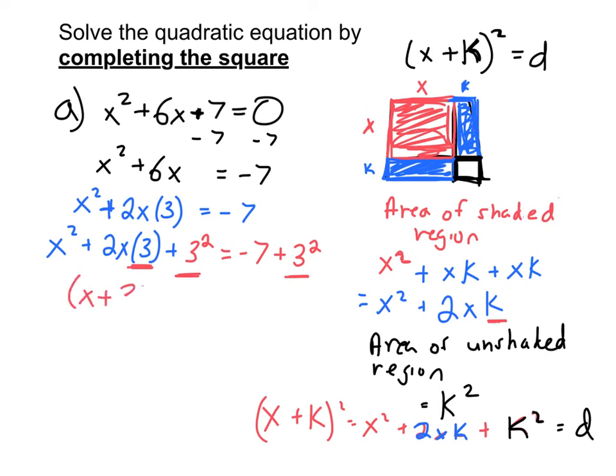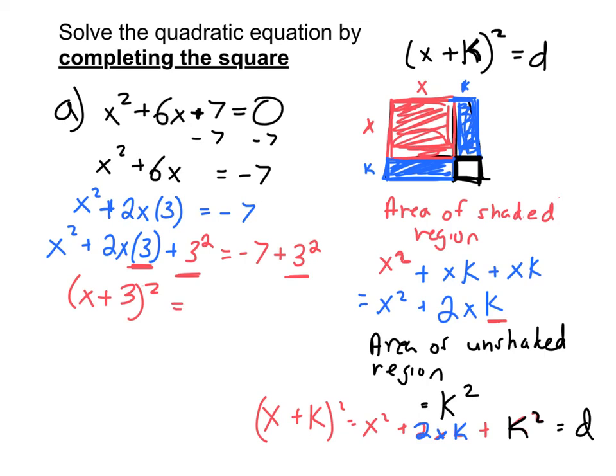Now k is 3, so x plus 3 squared. So you see here, this x squared plus 2x3 plus 3 squared is the same thing as x plus 3 squared. You can factor this out to double check that these two things are the same, but they are the same. And then I'm going to write the right-hand side of the equation.